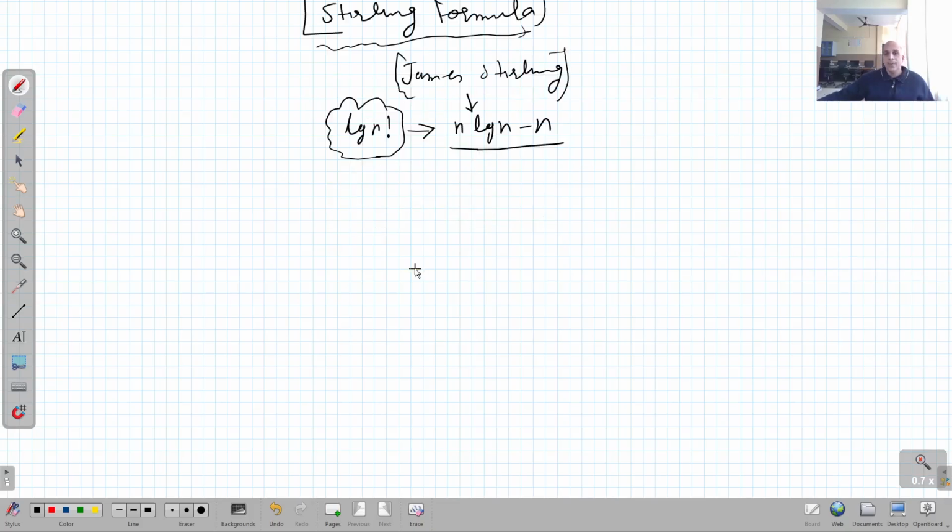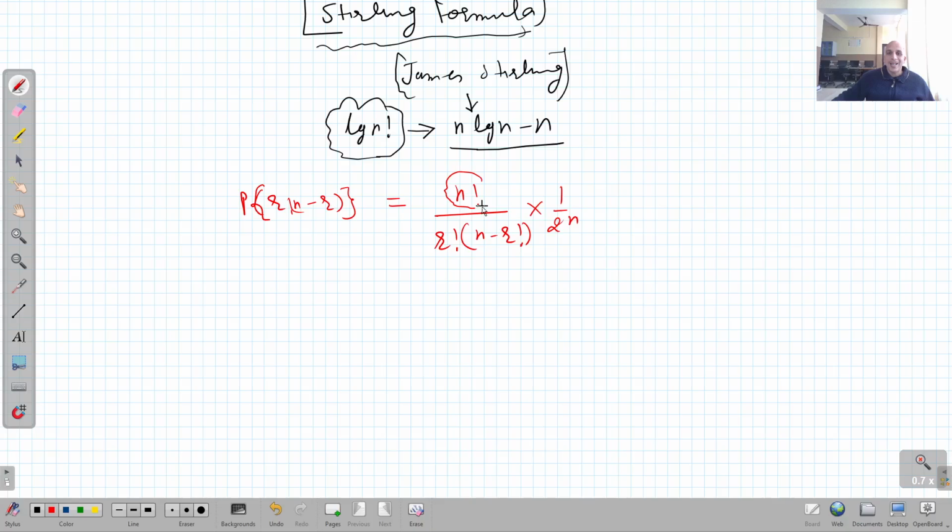You know very well that when we deal with probability, we have derived it in another lecture, P(r, n minus r) is equal to n factorial divided by r factorial into n minus r factorial into 1 upon 2 raised to power n. So you can see here that in this formula we have n factorial, so we have to calculate the value of n factorial.